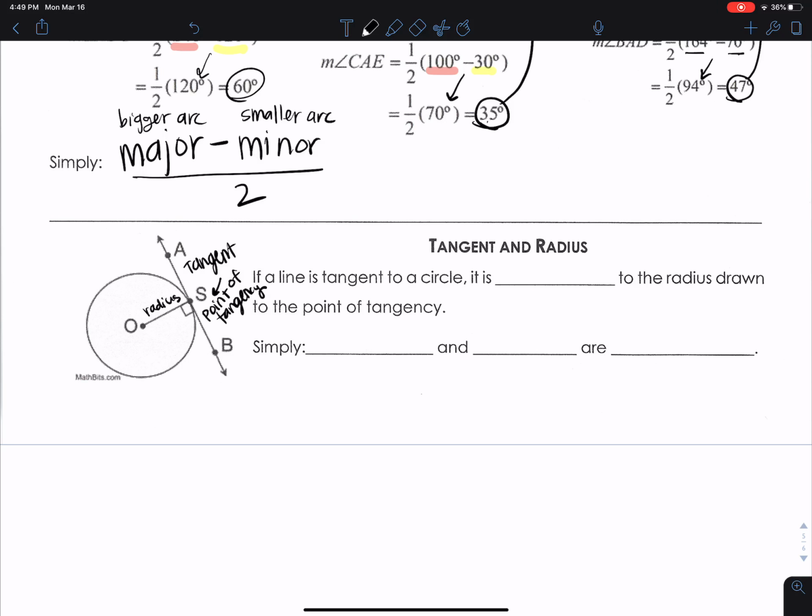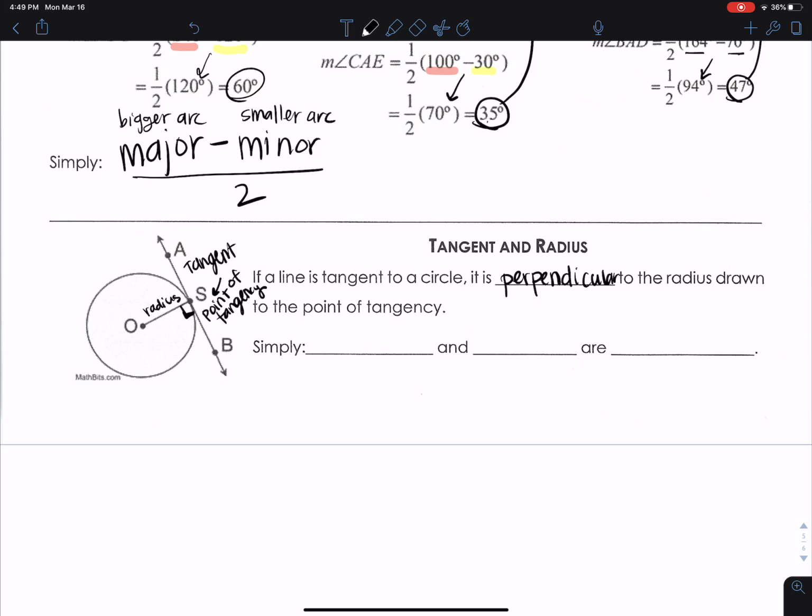So if we have a radius, like we do here, OS, and it's intersecting with the tangent at the point of tangency, then it is perpendicular. So that's why we have a 90-degree angle here, because those are perpendicular to each other.